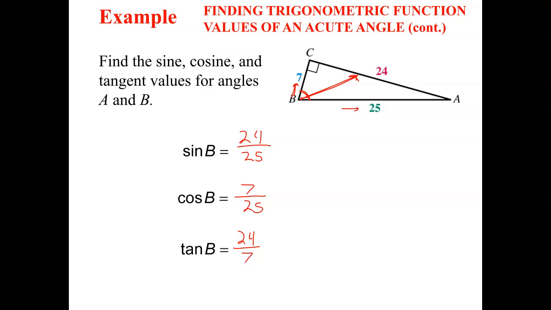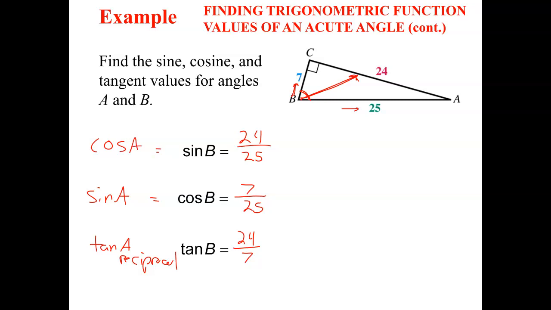Okay, so sine of A is equivalent to cosine of B. What else? Tan B is the reciprocal of tan A. And cosine A and sine B are equivalent.